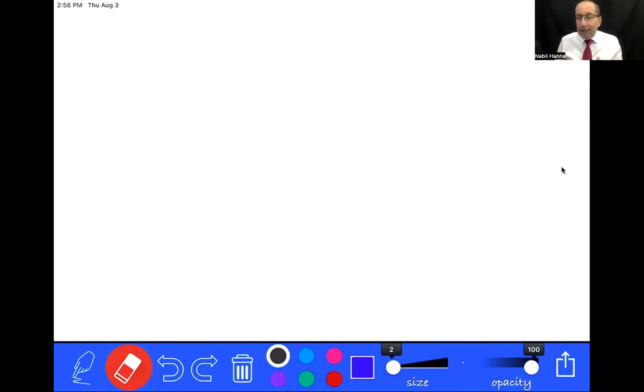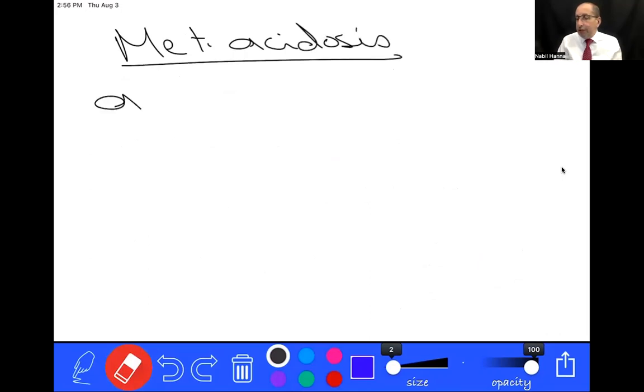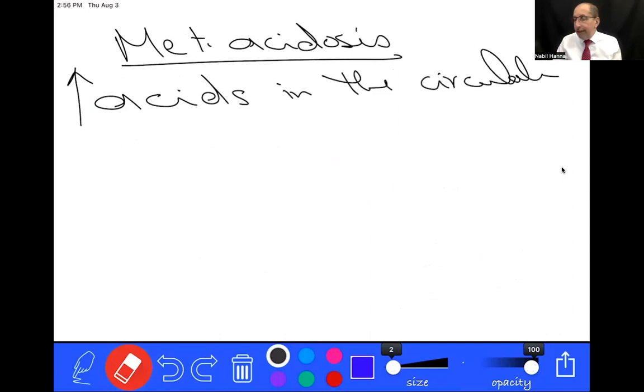Now, metabolic acidosis means what? There are too much acids in the circulation. Too much acid in the extracellular fluid.